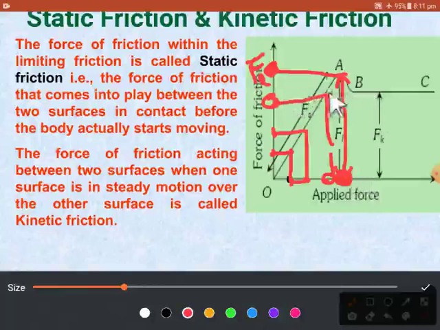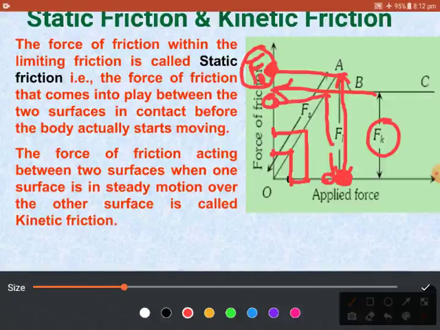So when the body starts moving, the friction that arises we call kinetic friction. Your kinetic friction is denoted by Fk, and this kinetic friction is less than the static friction. You see, this is the friction for kinetic, that means dynamic friction. So your kinetic friction is less than the limiting friction.